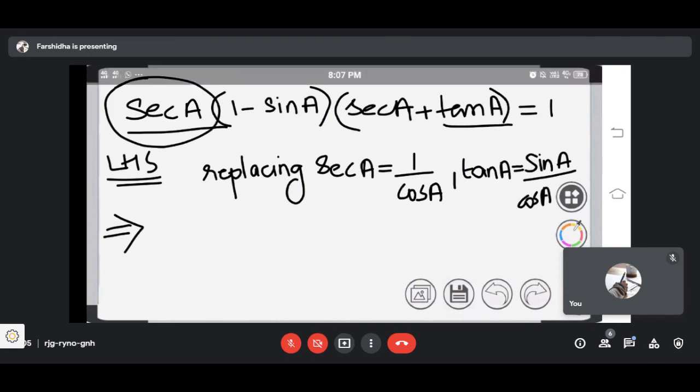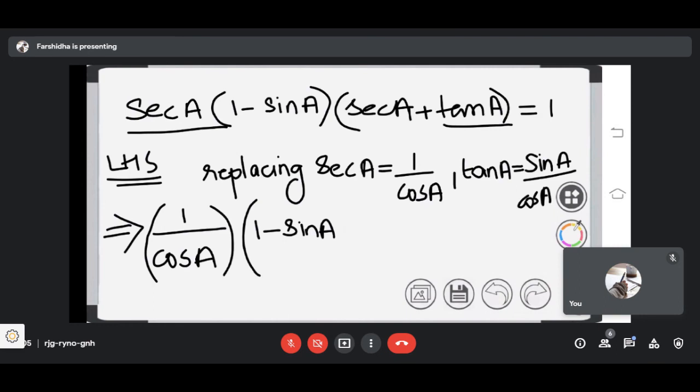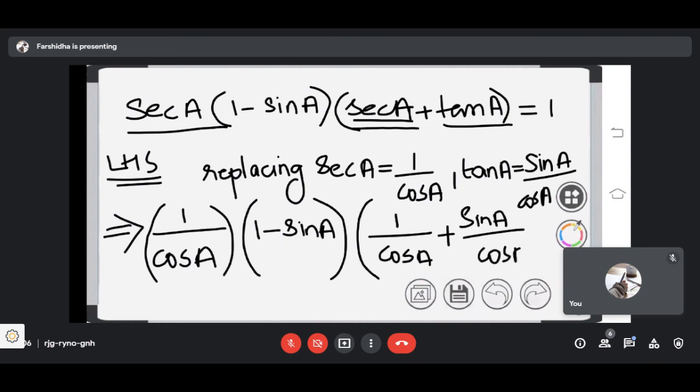The first one is sec. Sec I'm going to write as 1 by cos A, into 1 minus sin A as it is, into, see here also you can see sec. Sec will be replaced by 1 by cos A, plus tan will be replaced by sin A by cos A. See, simply I have replaced all the sec to 1 by cos, tan to sin by cos.